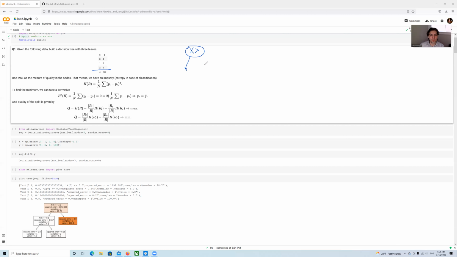So the first split we do is with threshold x greater than 2, and we have prediction 100 in one class, and in the left class the mean of these numbers 4, 5, and 6, which is equal to 5.